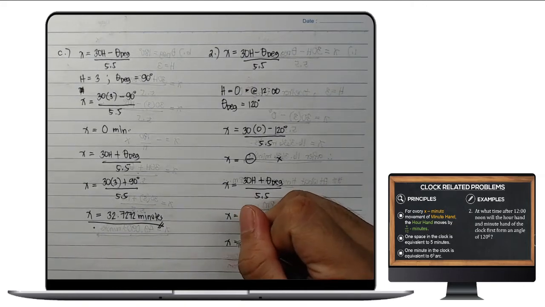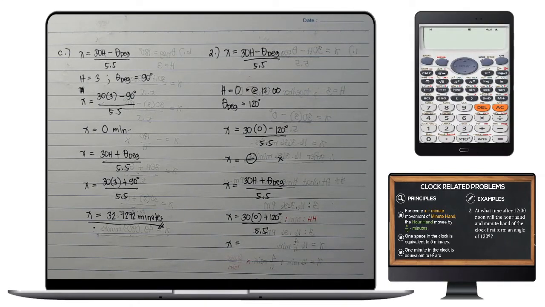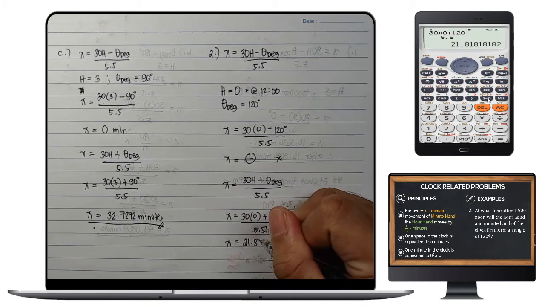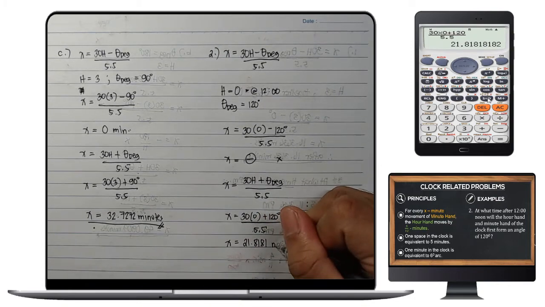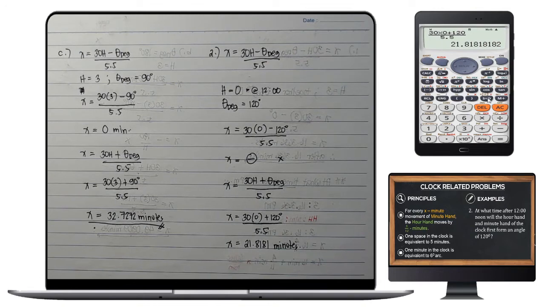Therefore, makukuha na natin si x to be, walang tayo ulit ng calcu. Okay? So that is 30 times 0 plus 120, divide natin ng 5.5. Equals, so that is 240 over 11 or 21.8181 minutes. Okay? So, may na-solve tayo. But again, ang sabi sa problem is at what time.